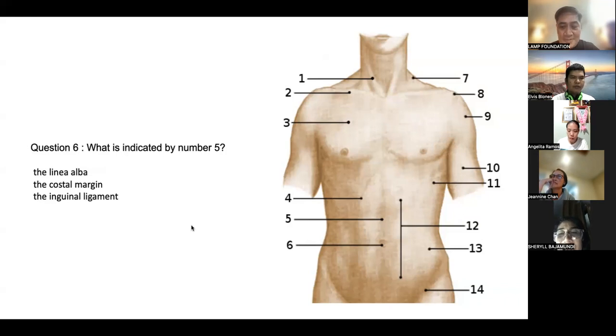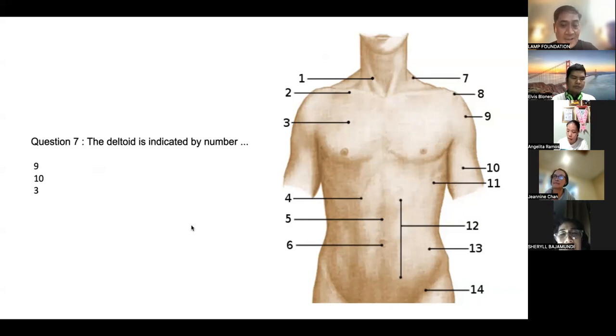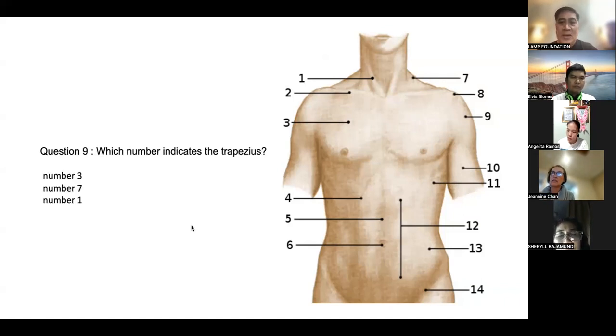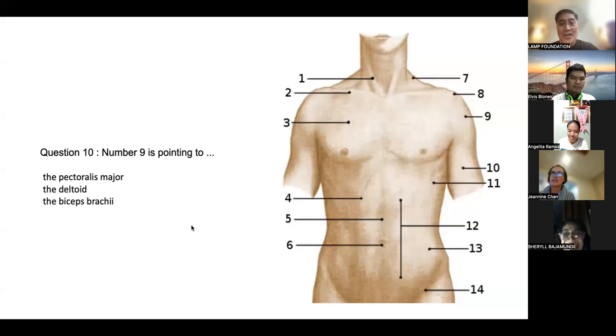That's your linea alba. Great. The deltoid is indicated by what number? That's number 9. Number 7 indicates which muscle? That's your trapezius. Great. Which number indicates the trapezius? Number 7.